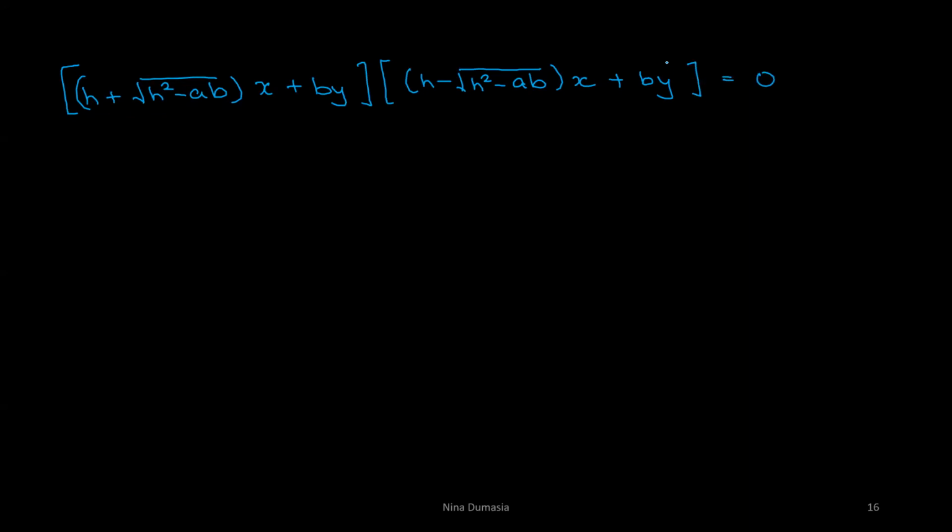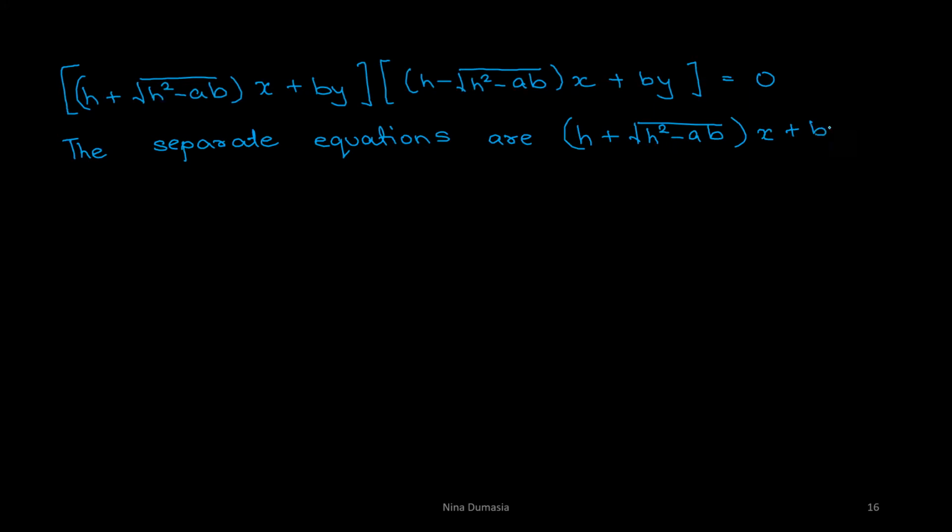So these are our two lines, correct? And we can say that the separate equations are these two lines. So therefore you can write. So separate equations are h plus square root of h square minus ab into x plus by is equal to 0 and h minus square root of h square minus ab into x plus by is equal to 0.